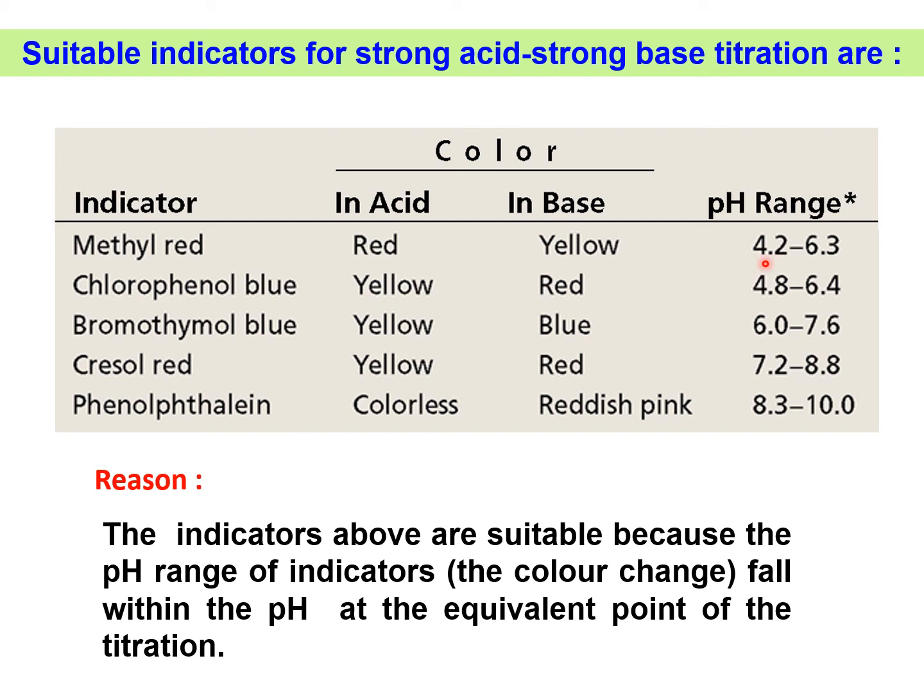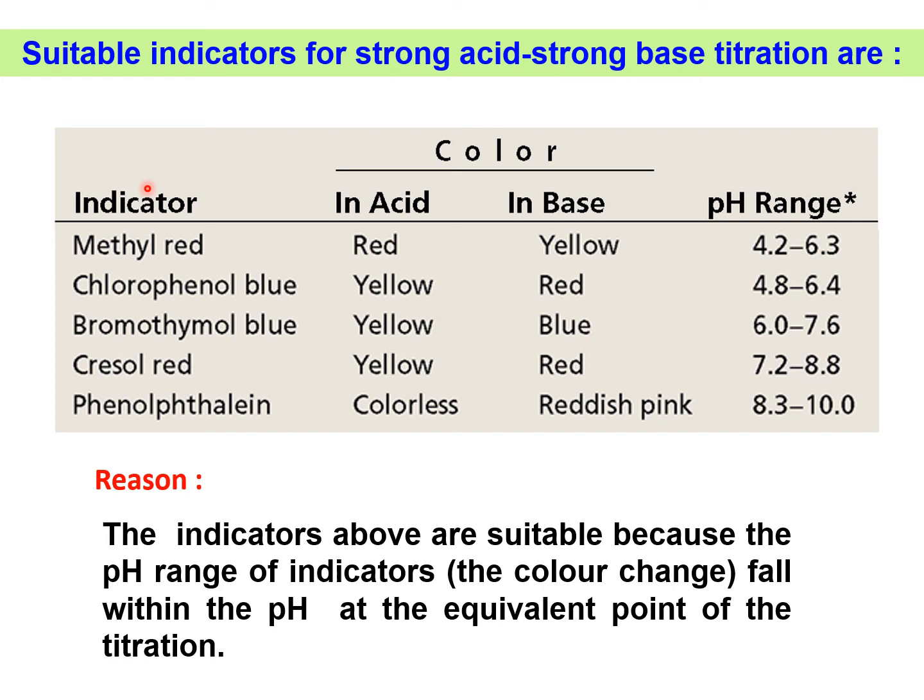This is the pH range for them to change colour, for example methyl red from red to yellow. The pH range for our titration, as I have repeated many times, is 3 to 11. So as long as this value lies between 3 to 11, all the indicators we have here are suitable indicators.